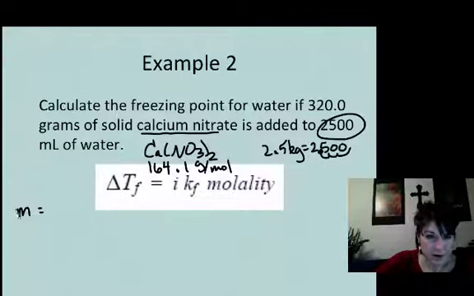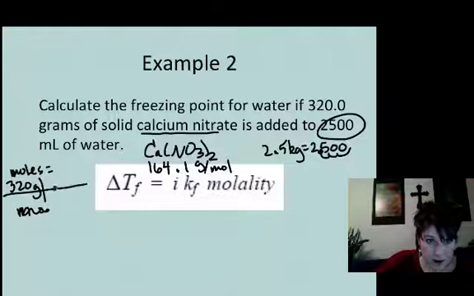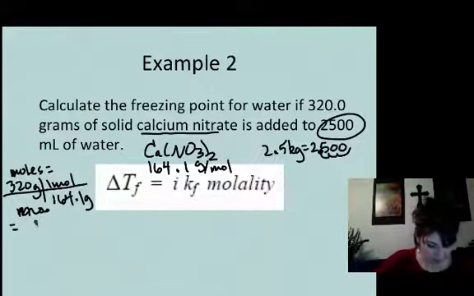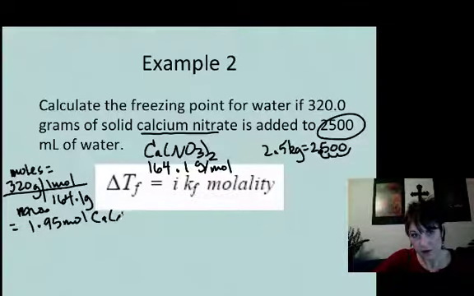No, I'm not ready for molality. I need just number of moles of calcium nitrate first, right? So we'll start with 320 grams, and then for every 1 mole I have 164.1 grams. So I have 1.95 moles of calcium nitrate.